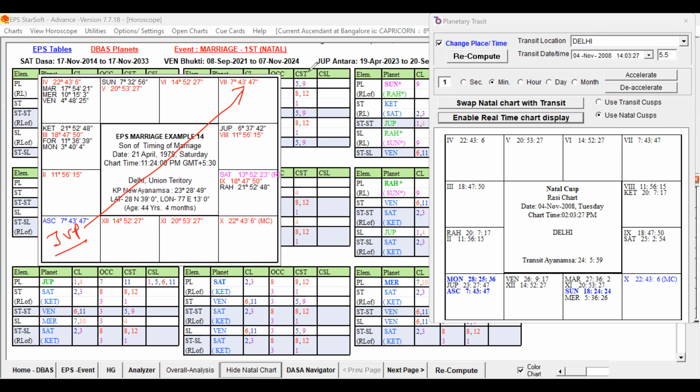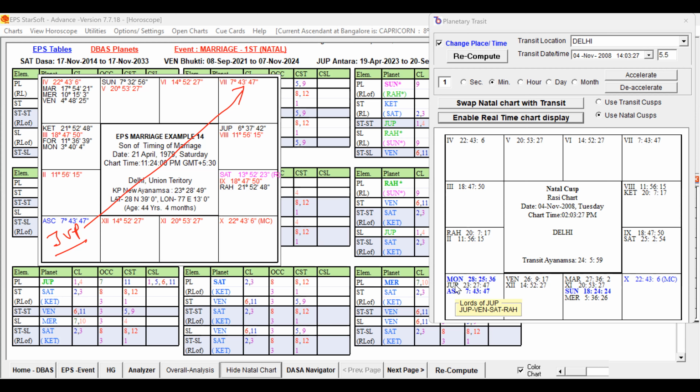Then we have to check the transit of the Dasa Bhuktī periods on the key planets. Dasa Lord is Jupiter. Jupiter in the sign of Jupiter, in the star of Venus. Venus is our good key planet, already we checked. Sub of Saturn.